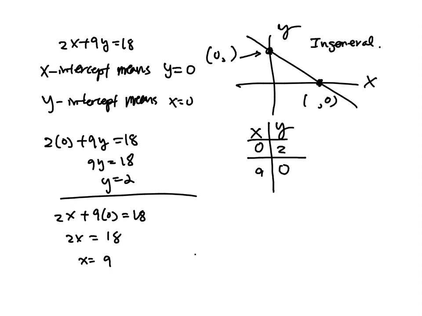Okay, so in this case, I happen to pick the right line. So we have 9, 0 here and 0, 2 here. Okay, but if this graph is not available to you, all you gotta do is just plot these 2 points onto the graph and connect the dots, and you'll be good.